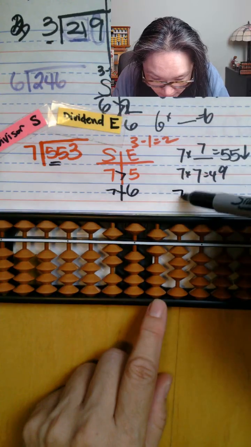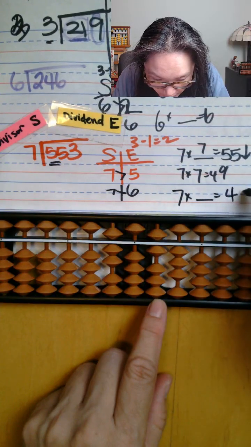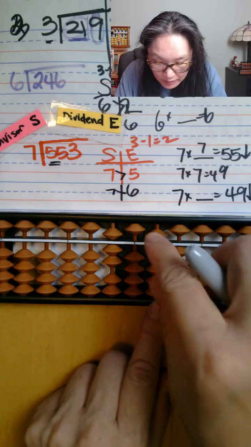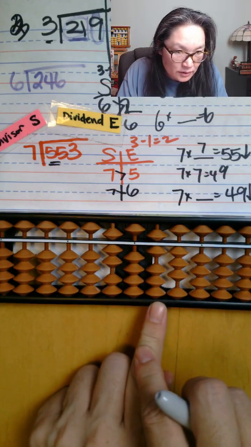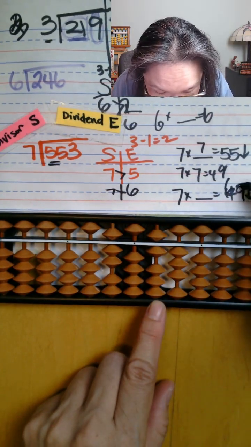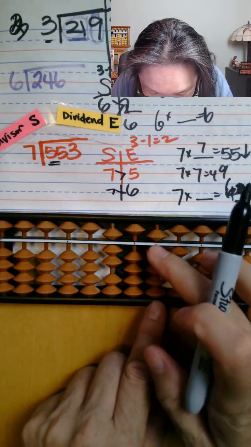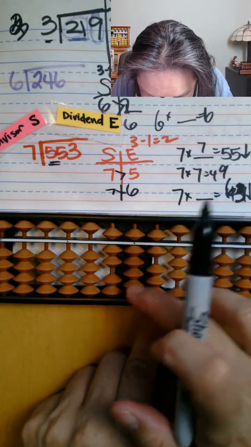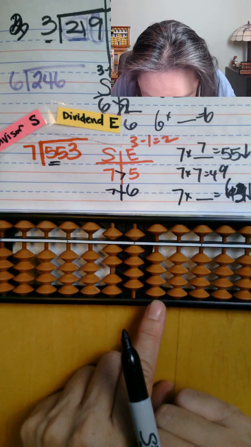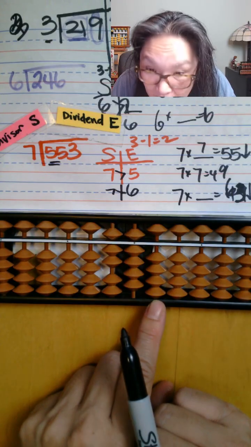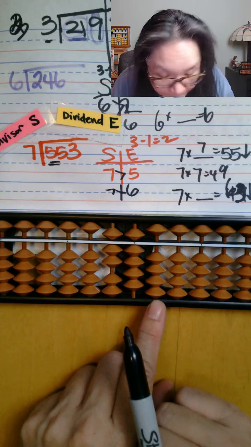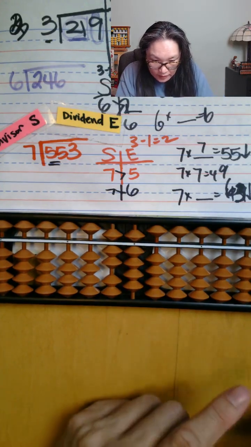So 7 times what is equal to 49 or less? 7 times... 63. I see what you're saying. I got confused. 63. 7 times 9 is equal to 63. So my answer is 79. Yep.